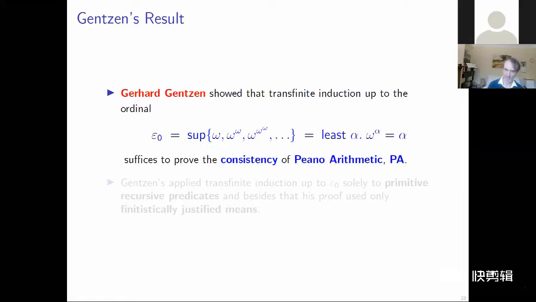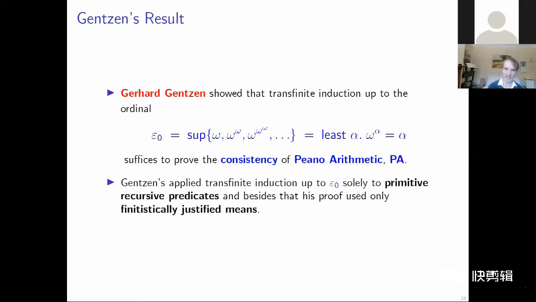And apart from that, because you can talk about epsilon 0 in a very basic fragment of arithmetic, much more basic than primitive recursive arithmetic, it turns out everything else that Gentzen applied beyond this transfinite induction was something that falls under the umbrella of Hilbert's finitism.